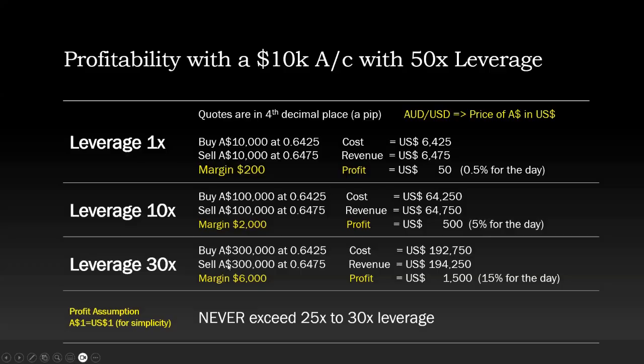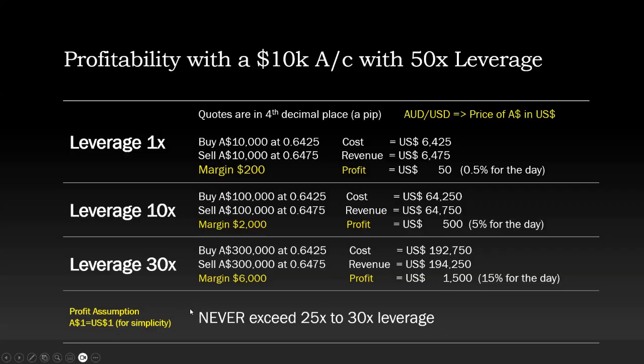So if you leverage this 30x, now you're running very, very close to the wind. You would make 1,500. That's a 15% profit on your account. Now, actually speaking, this profit is a lot more in Aussie dollar terms. So if I had an Aussie dollar account, when you convert it to Aussie dollars, it's actually a much higher return on my account in Aussie dollar terms.